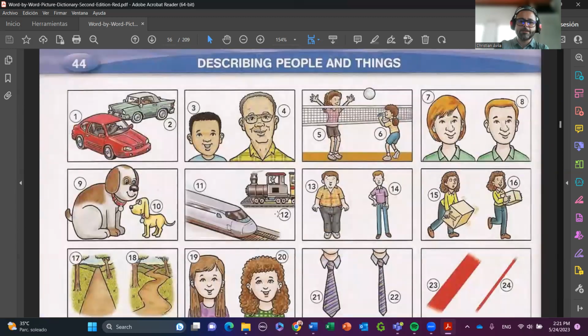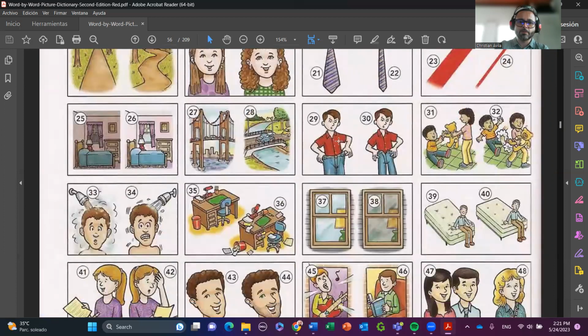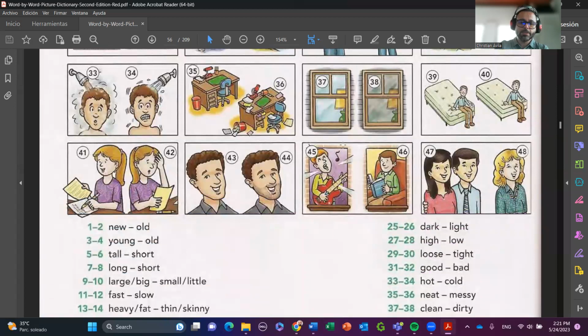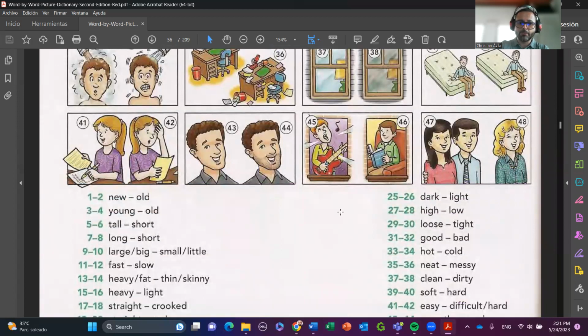Okay, here you can compare different descriptive words. For example, it is comparing opposite words. Let's take a look at 41, 42. Yeah, right here, these two girls, 41, 42. It says easy, difficult, or hard.